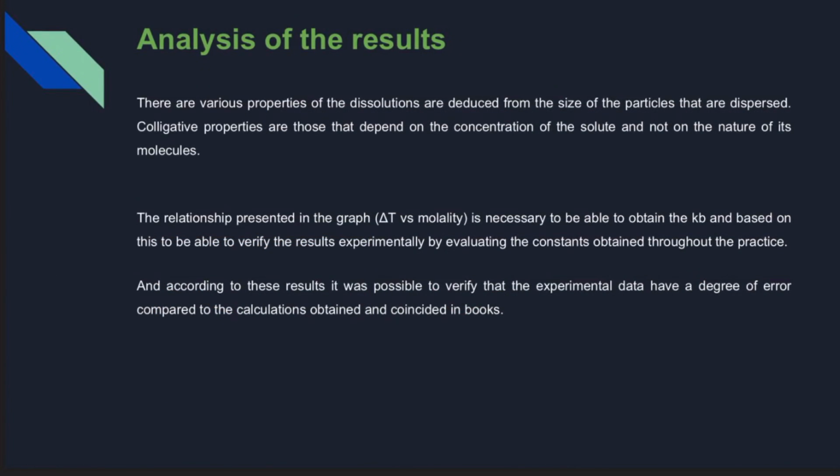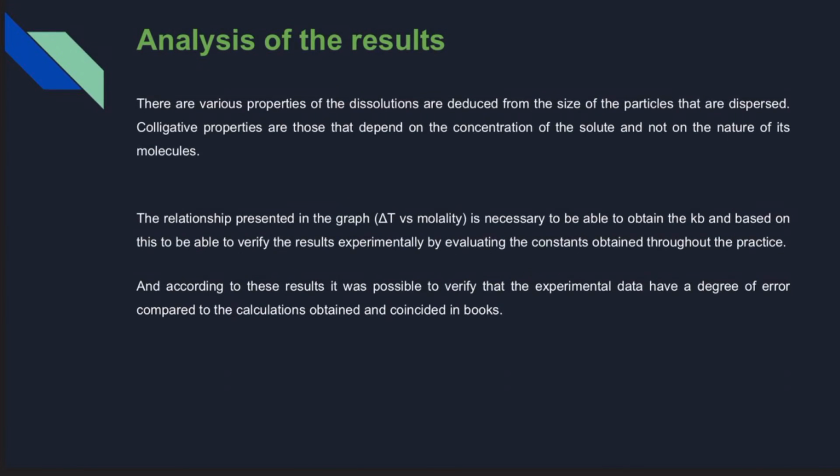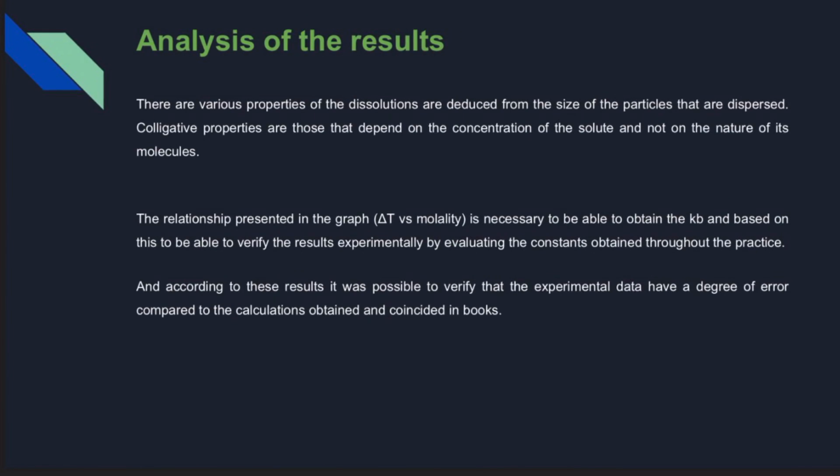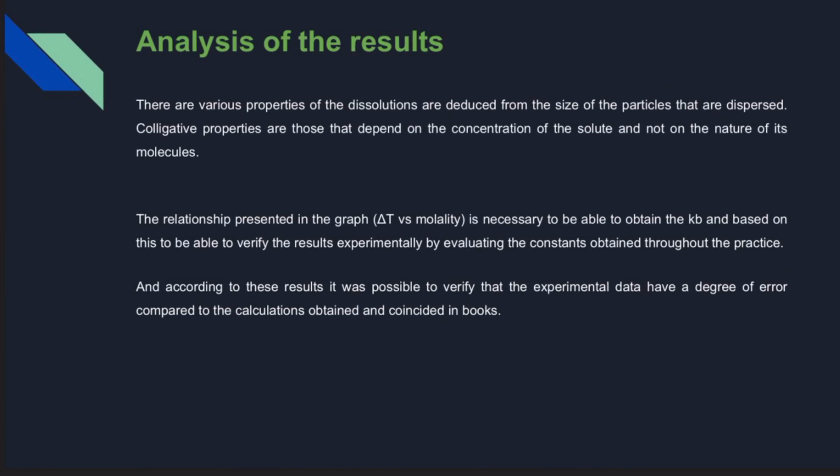Analysis of results. There are various properties of solutions that depend on the size of the particles that are dispersed. Colligative properties are those that depend on the concentration of the solute and not on the nature of its molecules.